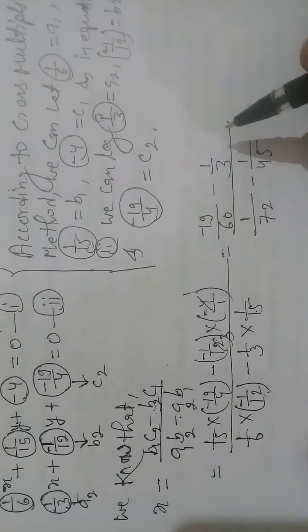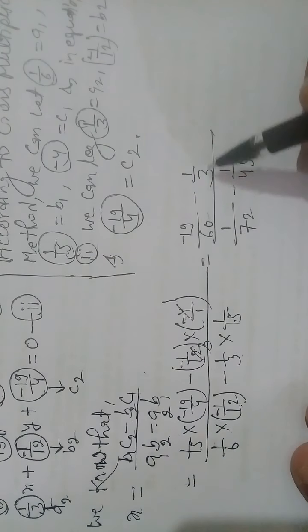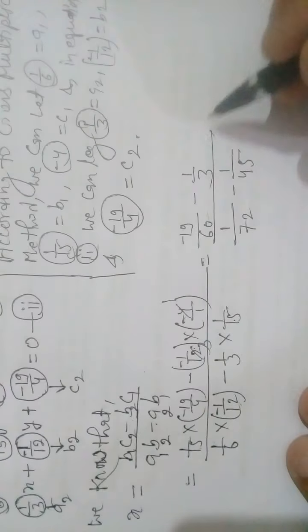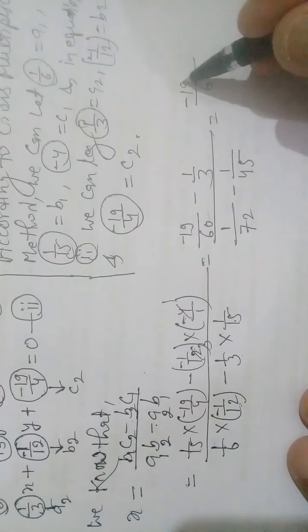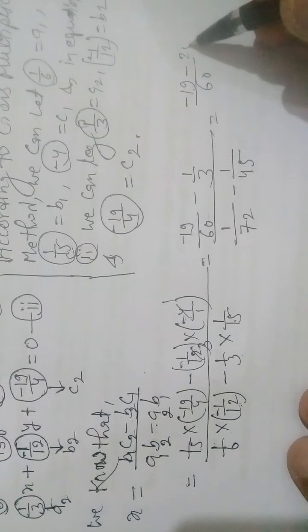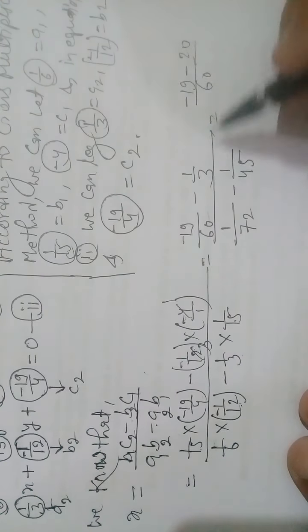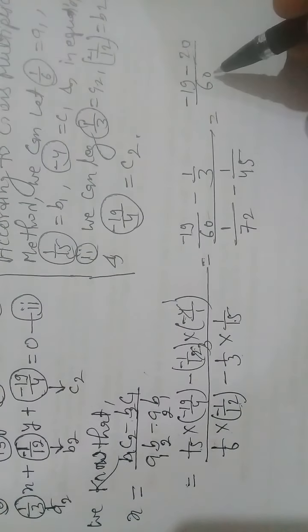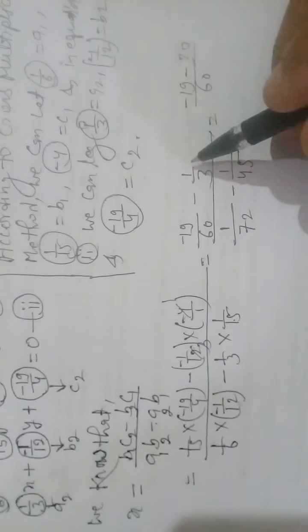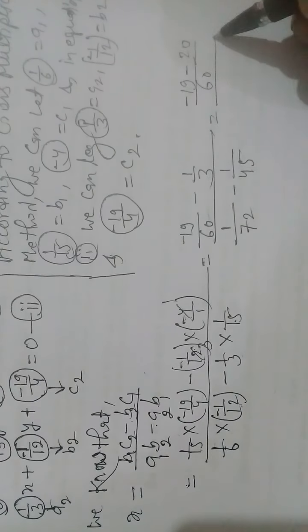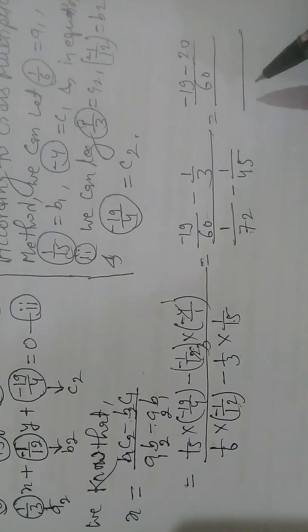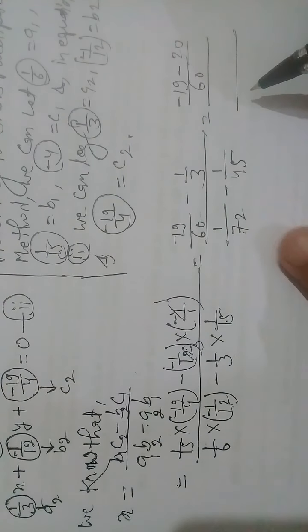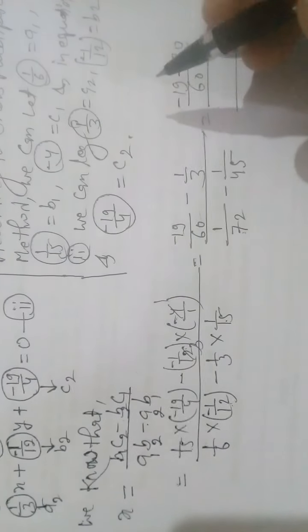Now the LCM of 60 and 3 is 60. Minus 19 minus 20. 60 divided by 3 we get 20, and multiplying 1 by 20 we get 20. Now the LCM of 72 and 45.